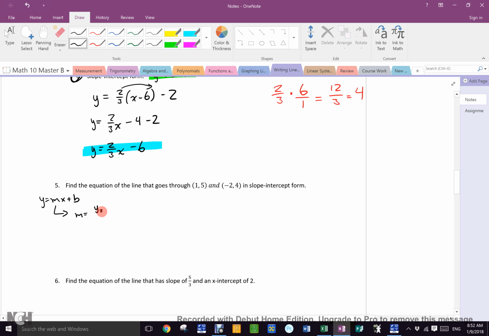M is y2 minus y1 over x2 minus x1. What's our slope? You figure it out. Because I don't want to force you into which is x1 and which is y1. You guys decide which one you want, and then tell me the slope.